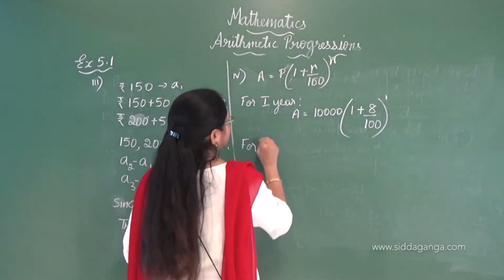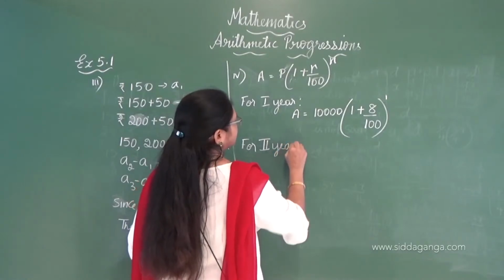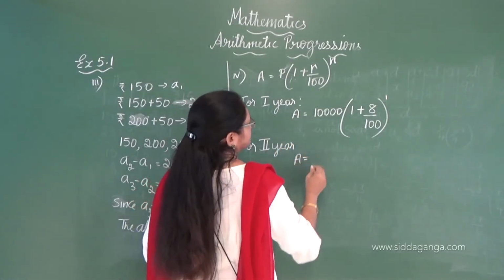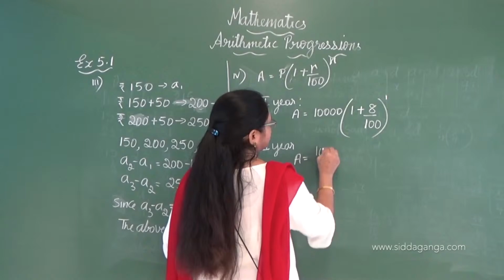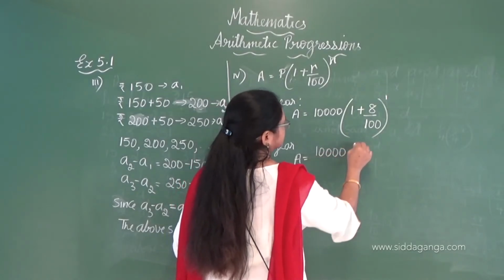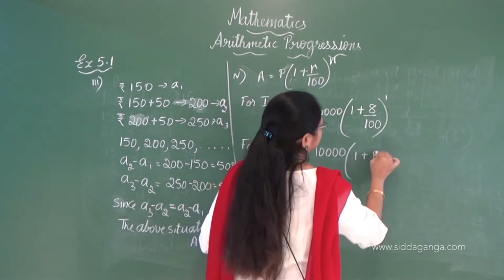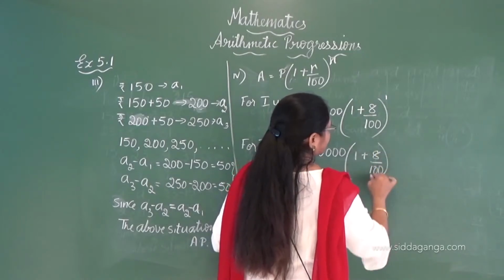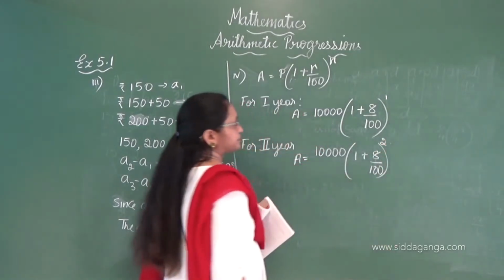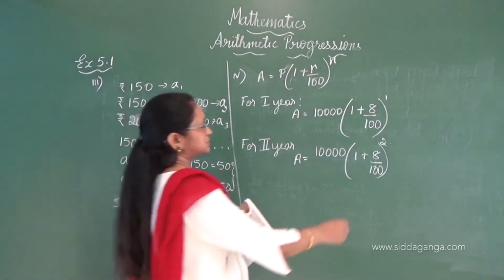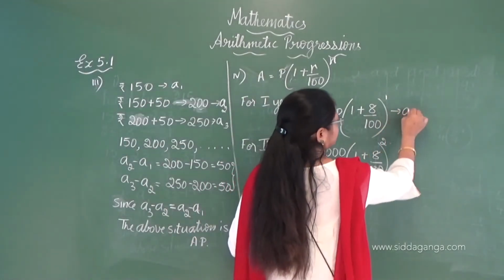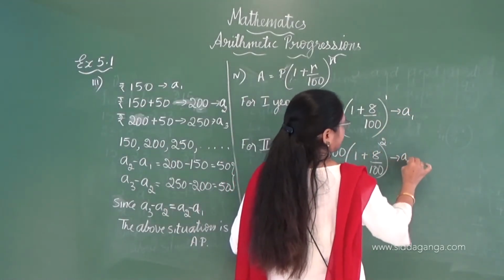So, for the second year, what will be the amount? A is equal to 10,000 into 1 plus 8 by 100 to the power of 2. So, for us this is A1 and this is A2.